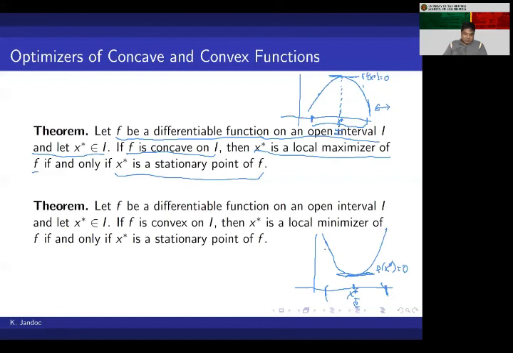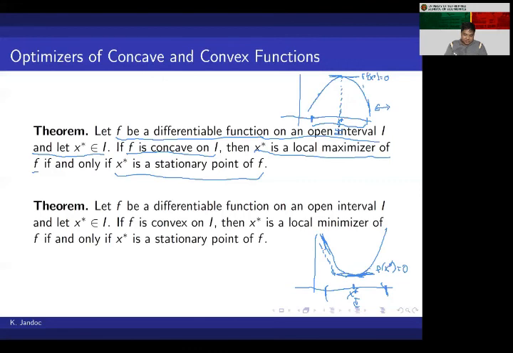Okay, that's a local minimizer at this interval I. So obviously, because this is a convex function, you start out with a negative slope over here, so the function is decreasing as you go from left to right, then it becomes horizontal, becomes 0.